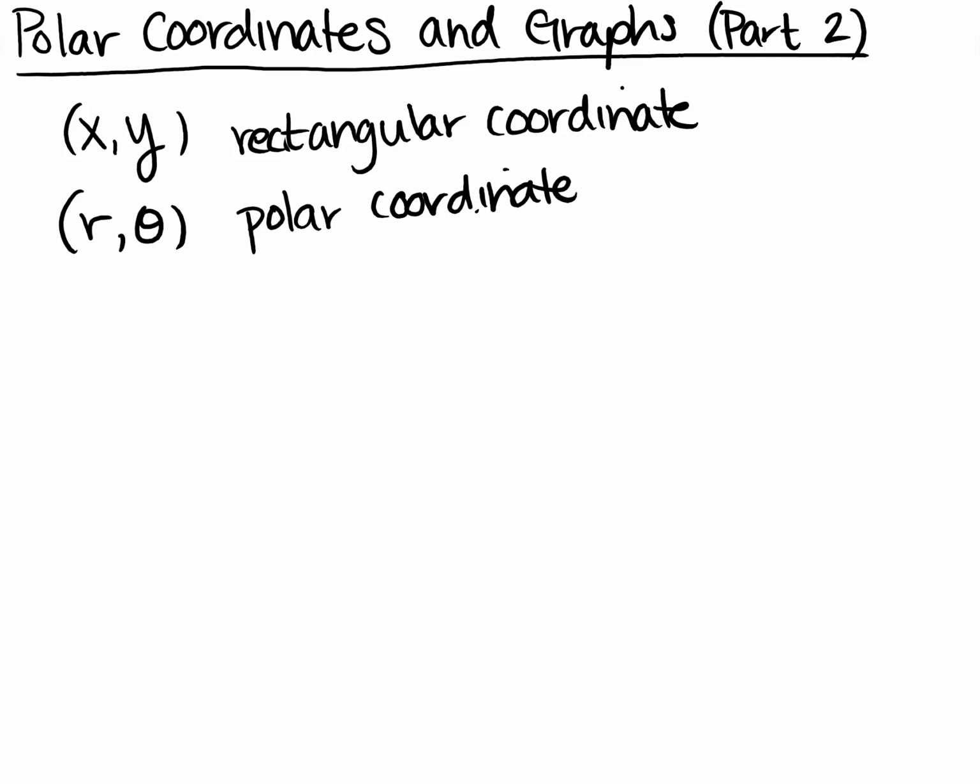Right, we know a couple of things here. And so this is my polar coordinate, this is my rectangular coordinate, and these are just the points in the XY plane, or now in the r theta plane.